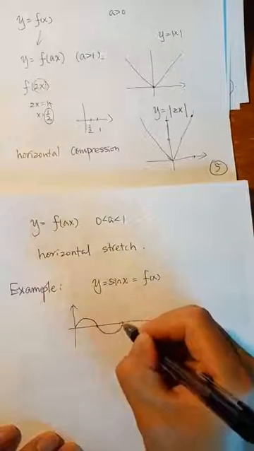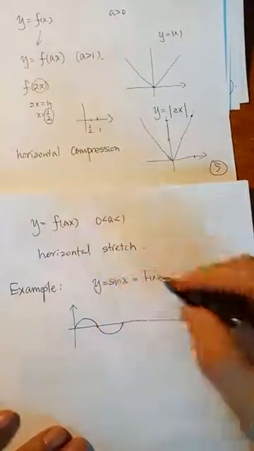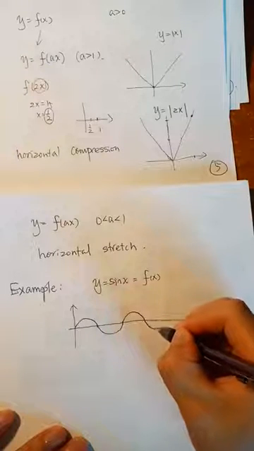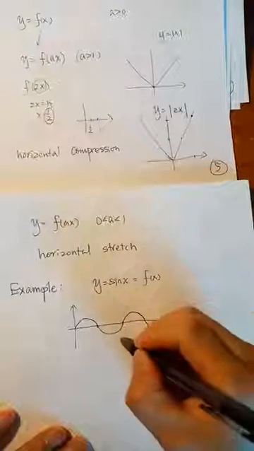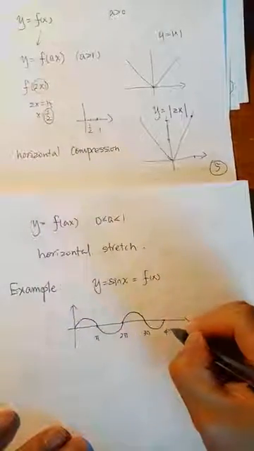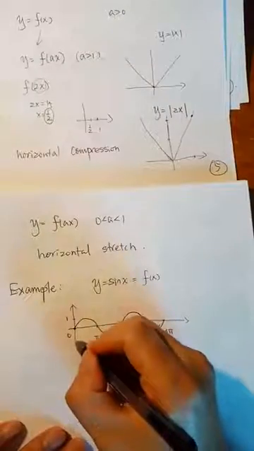It's like a wave function. This is pi, this is 2 pi, this is 3 pi, this is 4 pi. And 0. And this is 1, this is negative 1.